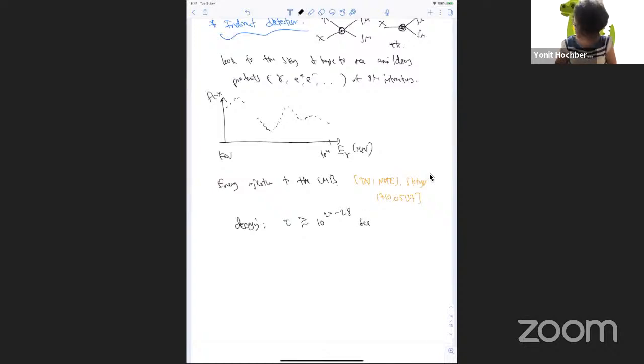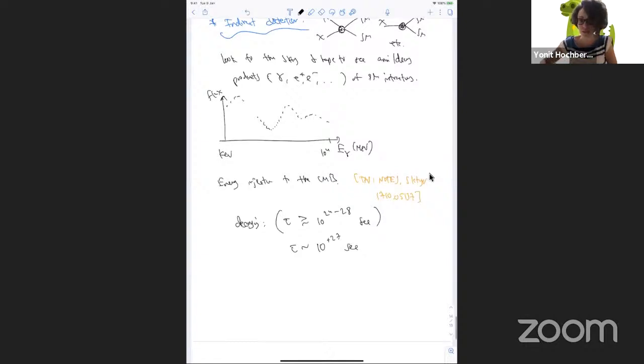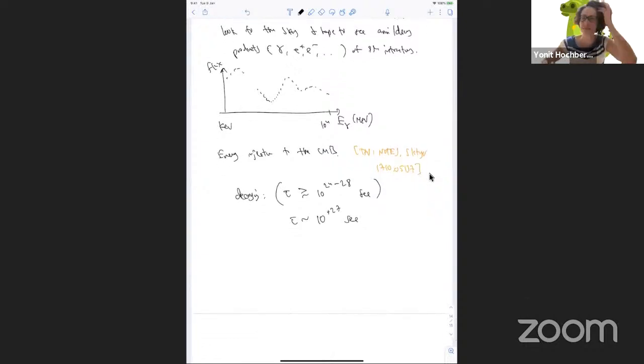This is again a function of mass, but moving forward, if you ever need to do a quick back of the envelope estimate, a good starting point is to take a lifetime of, of course, 10 to the plus 27 seconds. It's important to note this is much longer than the age of the universe. You normally think, well, I need my dark matter to be stable, so my bound should be the age of the universe.